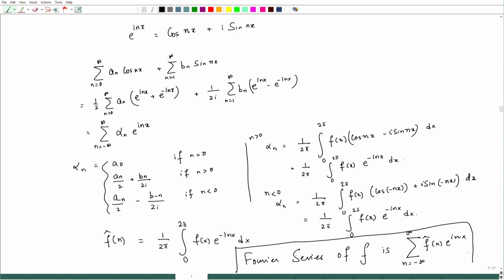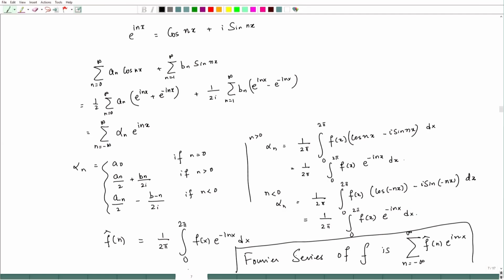Okay. So, now let us compute the Fourier coefficients as well as the Fourier series of some important functions. Remember that we always say that this is the Fourier series of f. We are not claiming that this series converges to f.